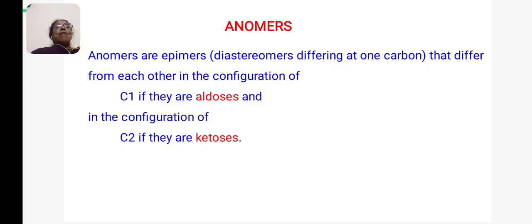In general, epimers are diastereomers differing in configuration at any one of the carbon atoms. But anomers are a special case of epimers in which the configuration changes at the first carbon atom in the case of aldoses and the second carbon atom in the case of ketoses.